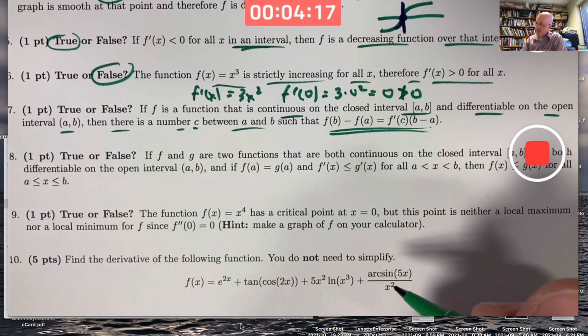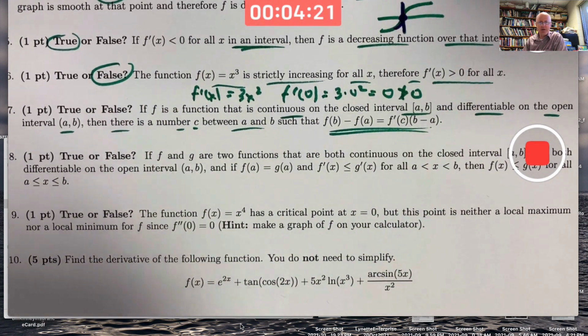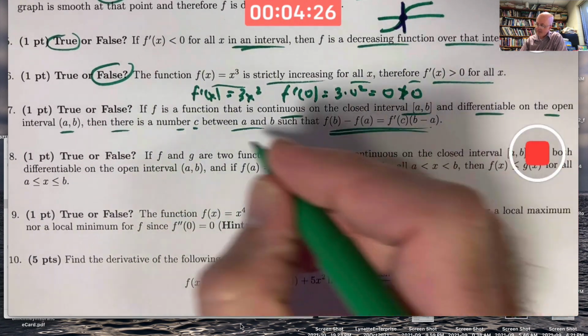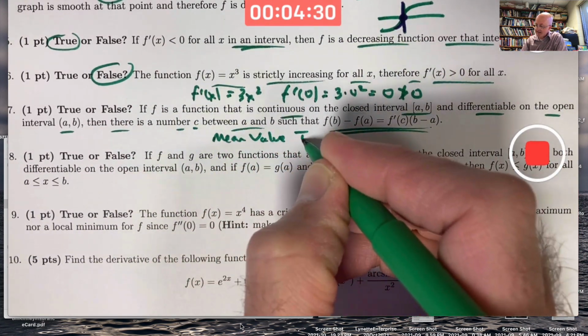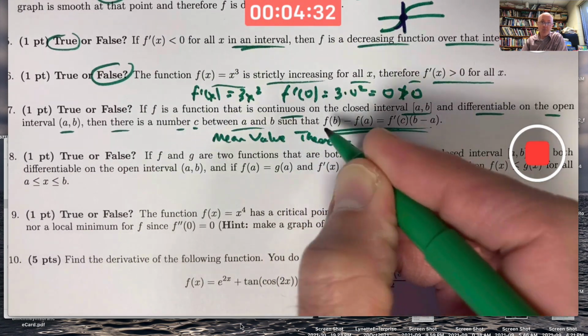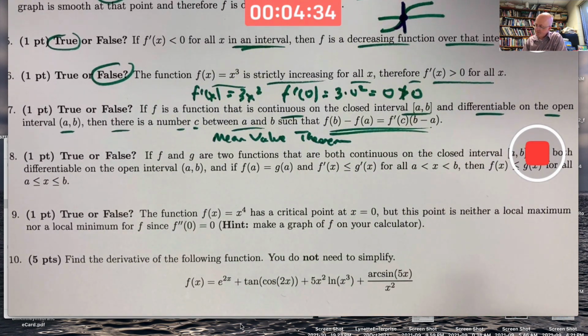Wow, that sounds like a mouthful. This should feel familiar if you've done some theorems in calculus related to derivatives, in particular something called the mean value theorem. It has hypotheses that start in the same way as this true-false question.